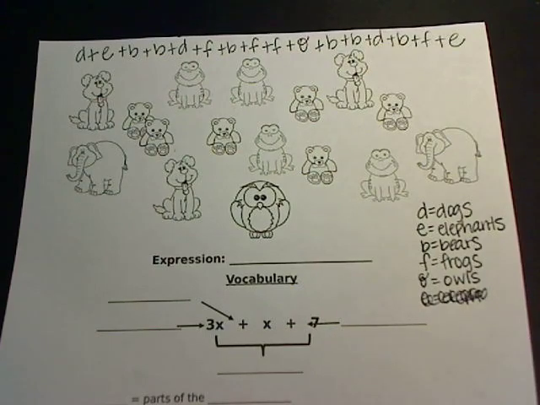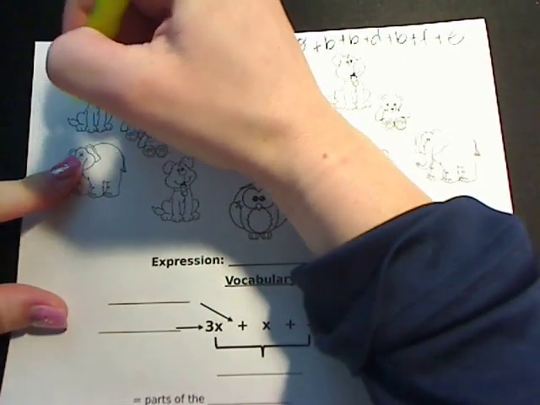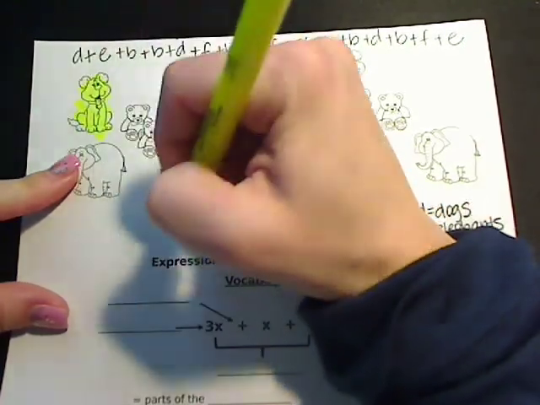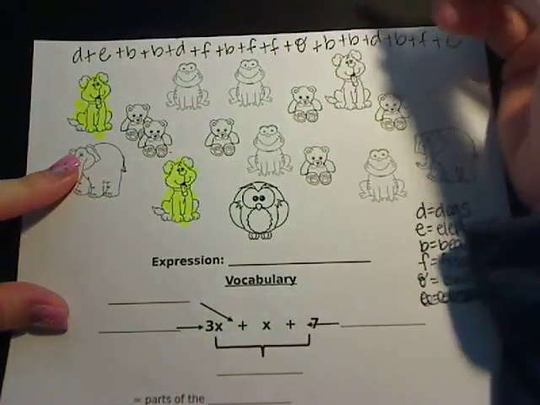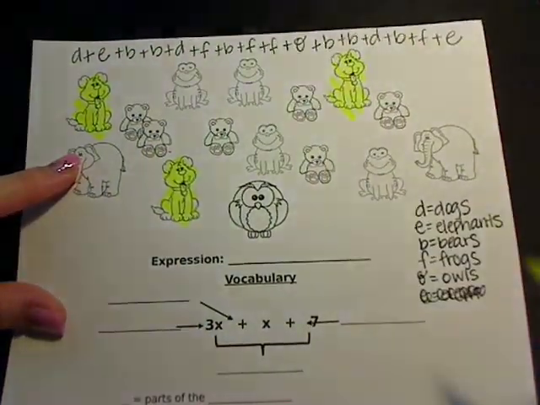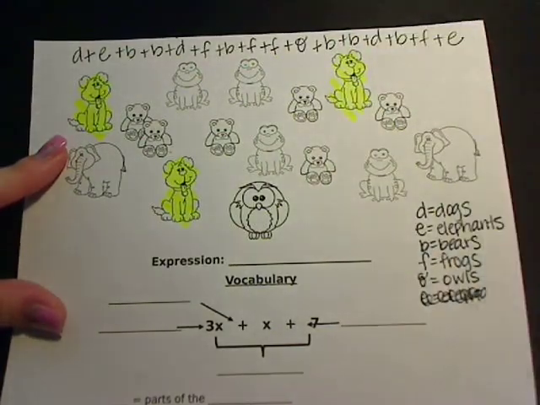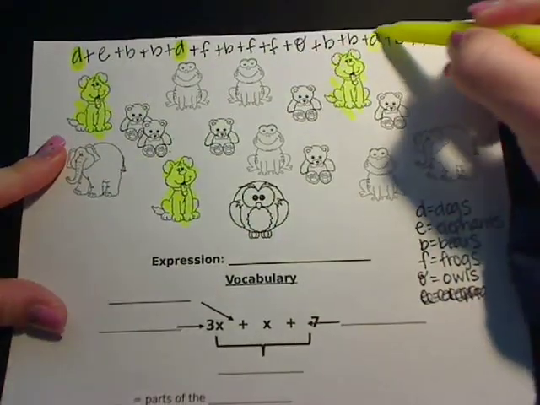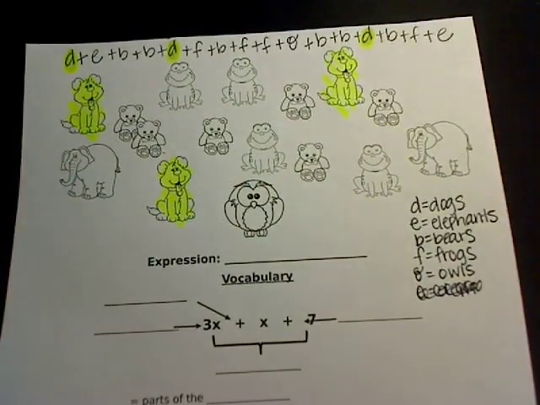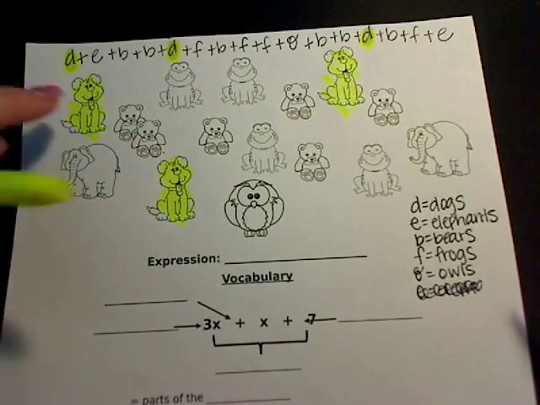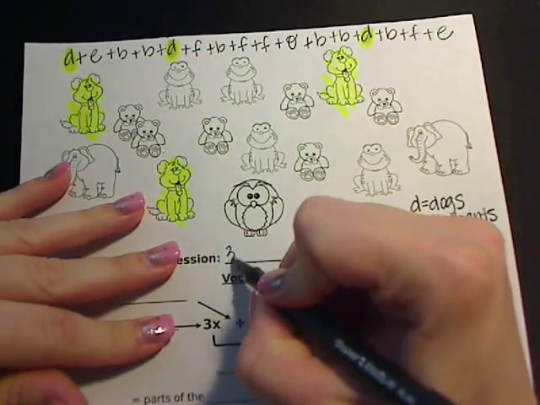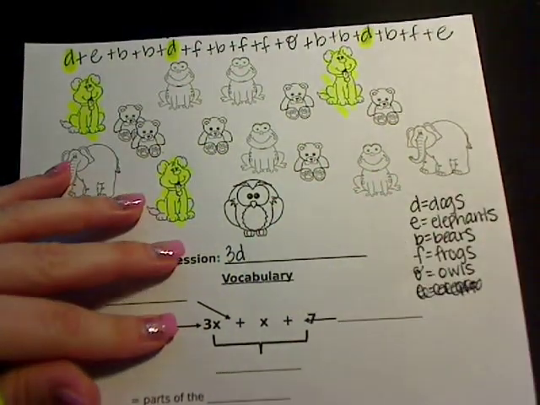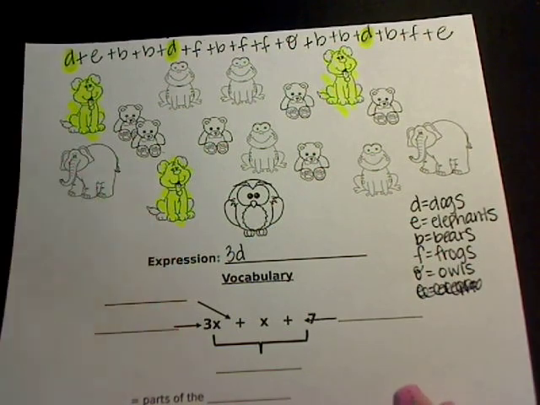So let's look at our dogs. I've got a dog here, a dog here, and a dog here. How many dogs do I have in all? Let's combine all the dogs together. I have 1, 2, 3 dogs, so let's say 3D, or 3 dogs.